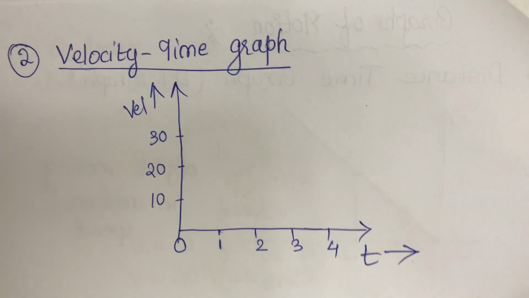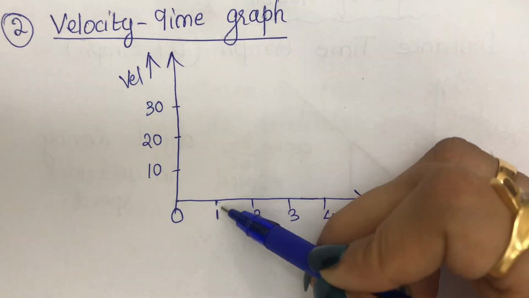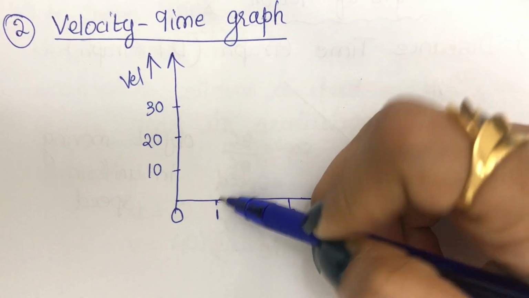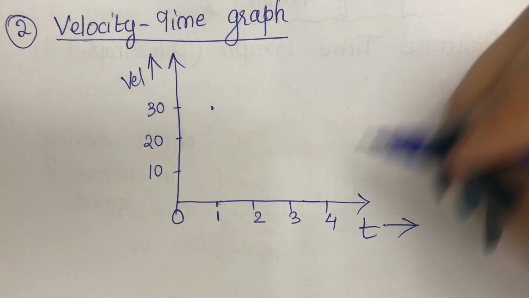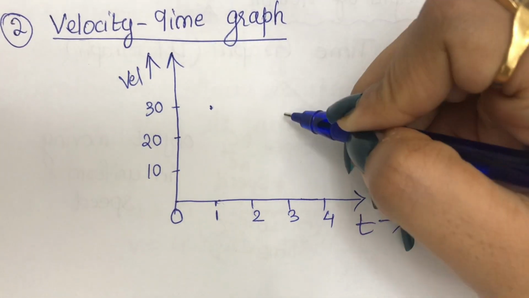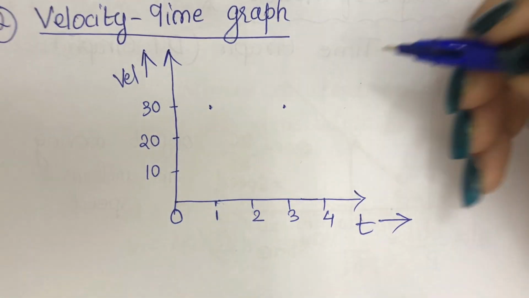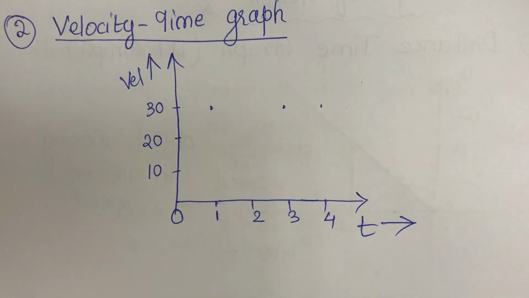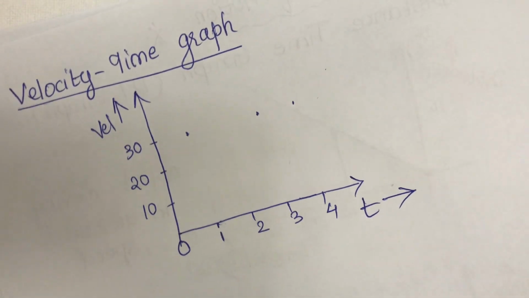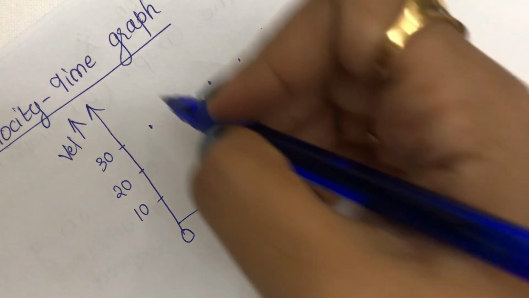So during my first hour, my car is at 30 km/h, during my third hour my car is at 30 km/h, and during my fourth hour my car is at 30 km/h. So how will my graph be?